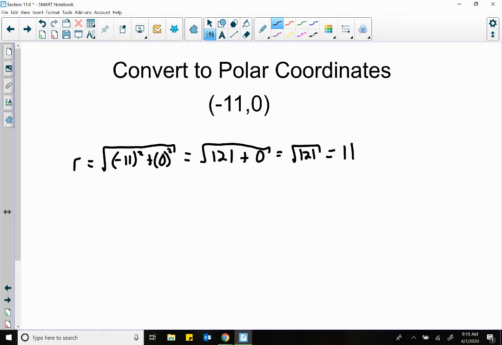Easy enough. Tangent theta is equal to 0 over negative 11, which, in other words, all we're working with is tangent theta equal to 0. So we're going to run inverse tangent.